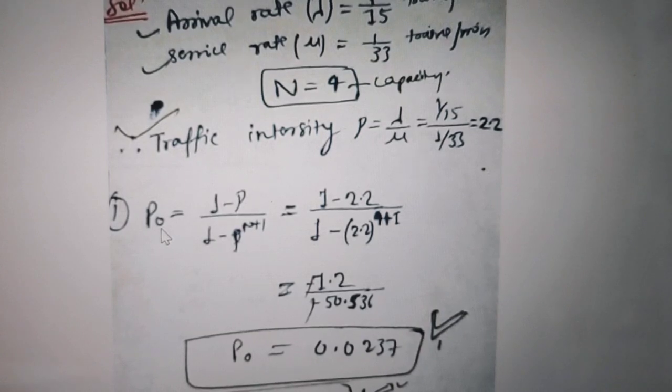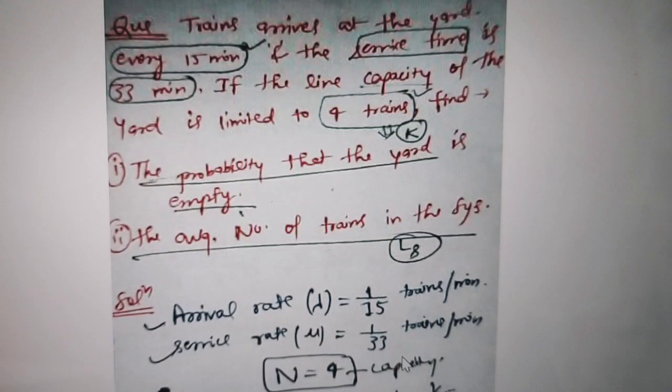Putting in the values of rho and N, we get 1 minus 2.2 divided by 1 minus 2.2 to the power 4 plus 1, which gives 1.2 divided by 15.536. The probability that no train will be in the yard is P0, equal to 0.0237. This is how we solve problem number 1.